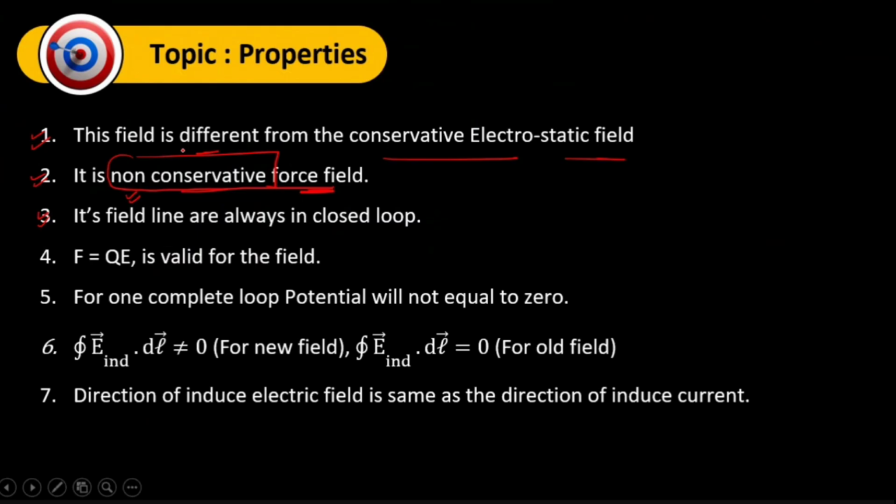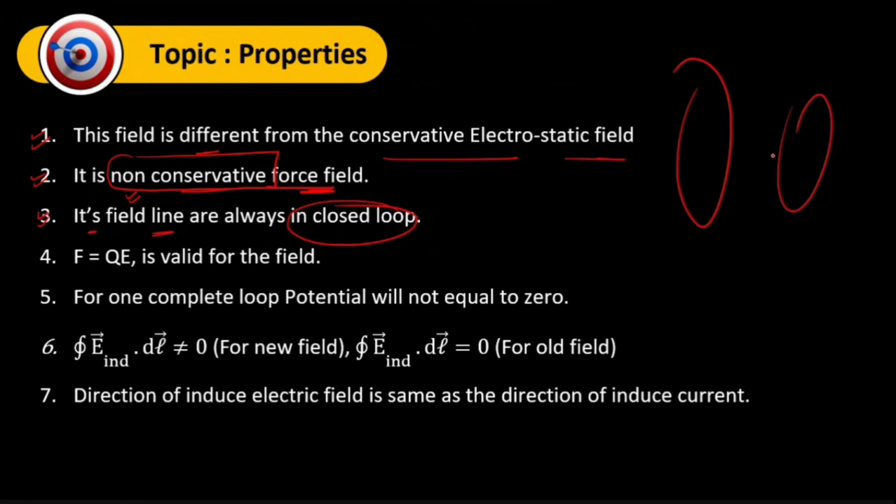We need to understand it in more detail in order to have proper understanding. You can't understand it by simply learning this word. So we'll talk about it in coming classes. Its field lines are always in closed loops. Whenever there is a field line, they always form a closed loop like this. It should not be open, it should be a closed loop.